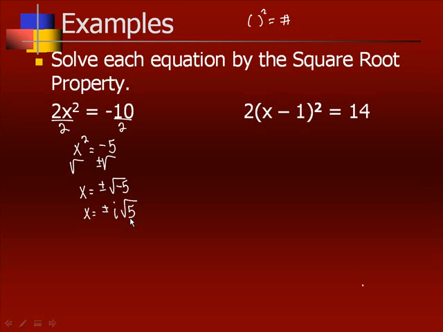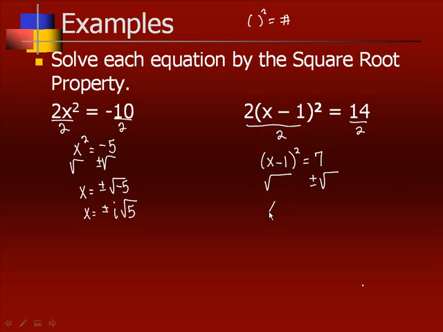Now, what about the second one? Is it of the form something squared equals a number? Not yet, so we're going to divide this side by 2, divide this side by 2. So we get x minus 1 squared equals 7. Now we're of the form something squared. So we're going to square root that side. We can square root the other side as long as we remember to plus or minus.